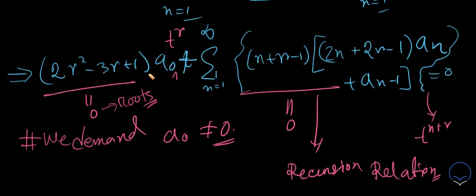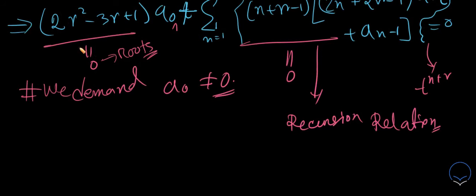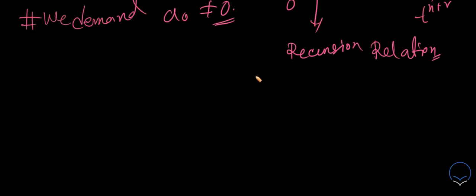We are demanding a naught is not equal to 0. That means we don't want the trivial part, so we want the roots, and we have to put this equation equal to 0. That means 2r square minus 3r plus 1 equals 0. So let's do that.